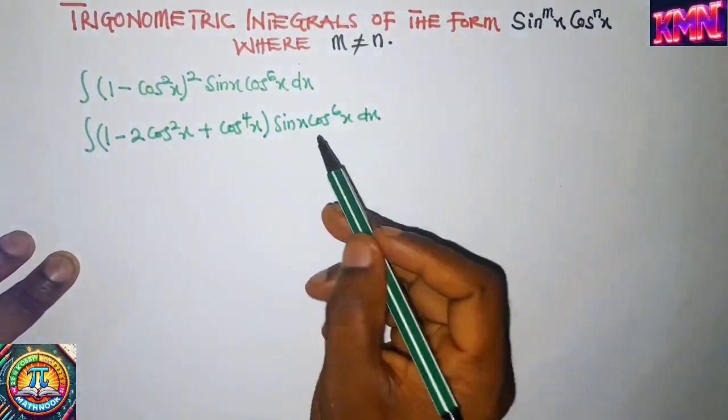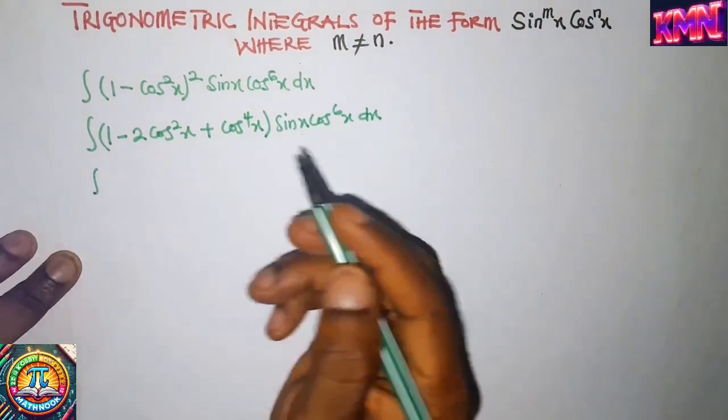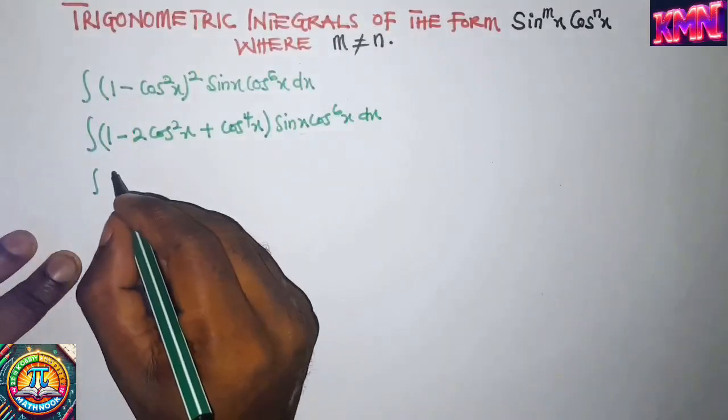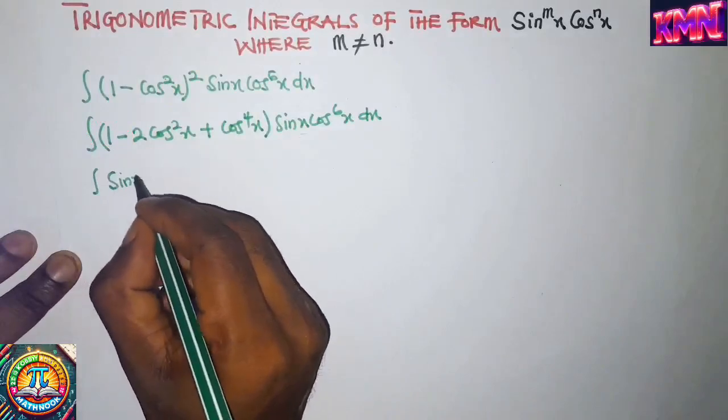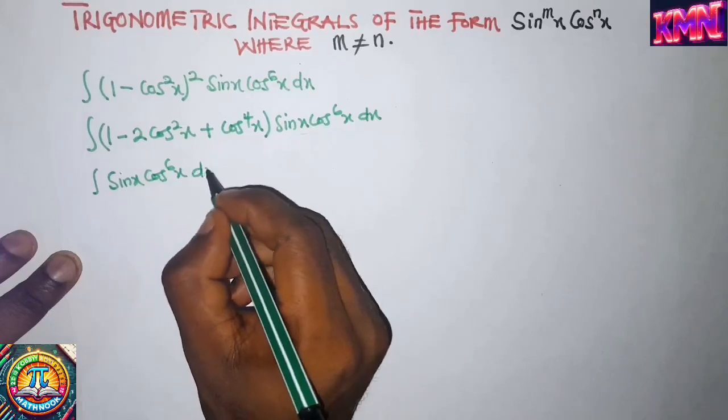Then we multiply through by what we have here, and that will give us integral of this by 1 will be the same thing, sine x cosine power 6x dx.